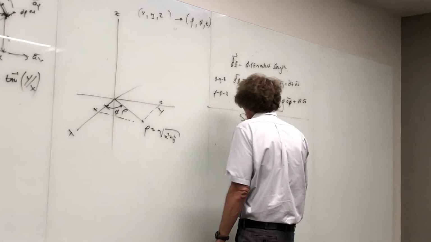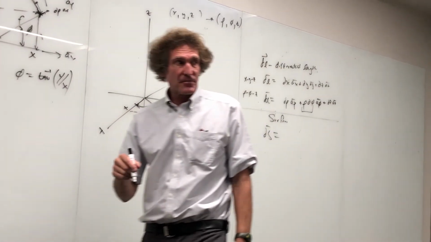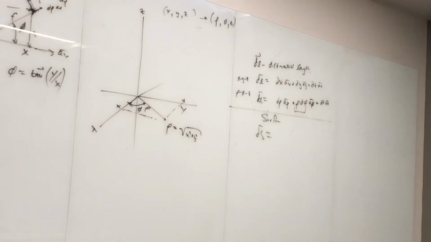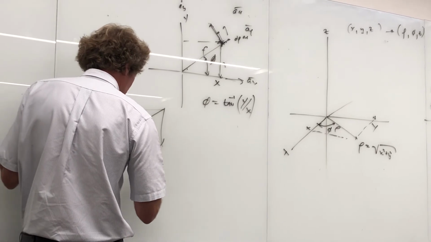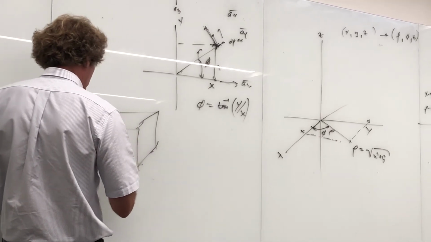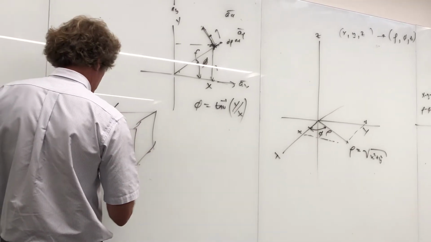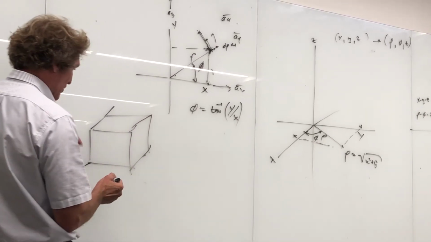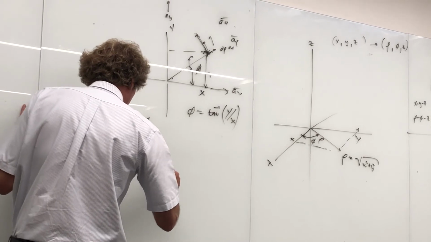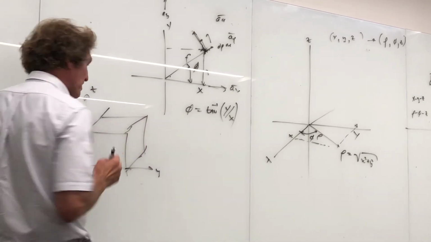When I take a look at ds in general, you have to follow me on this one. I just want to go this way, out of the paper, out of the board, x, in this direction y, and up z, all right?